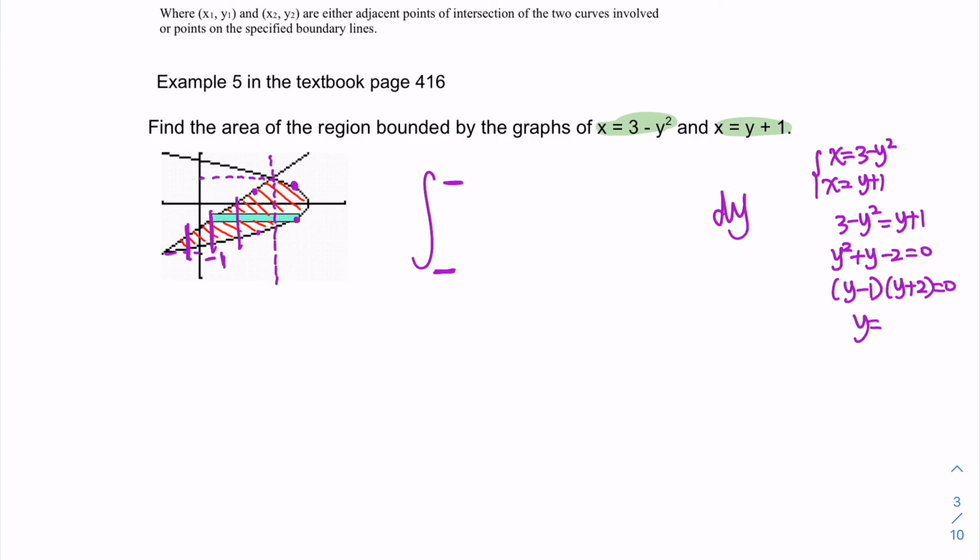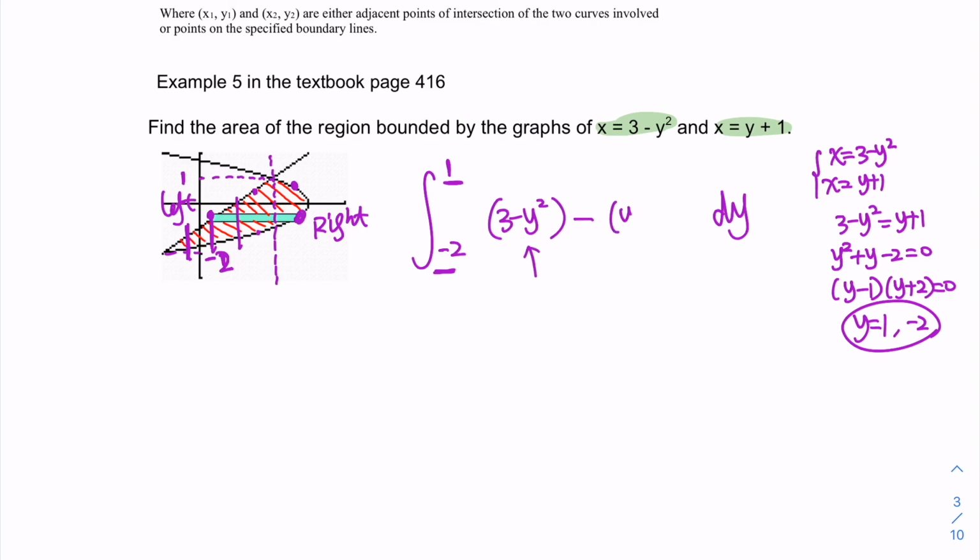So y equals 1 and -2. This is -2 here and +1. So from -2 to +1 has to be the right function minus the left. The right function is a parabola. So it's 3 minus y squared. It has to be in terms of y, minus the left function, y plus 1.